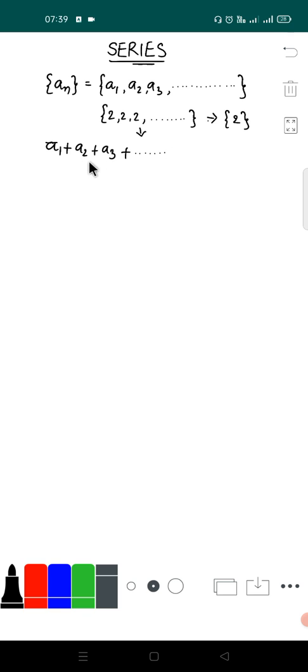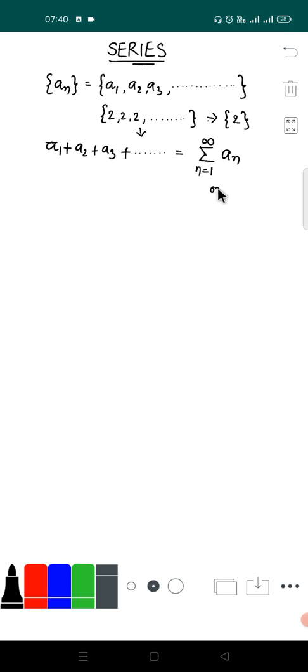If an infinite number of terms is added, we use this symbol for the summation, where an is the general term and n goes from 1 to infinity.